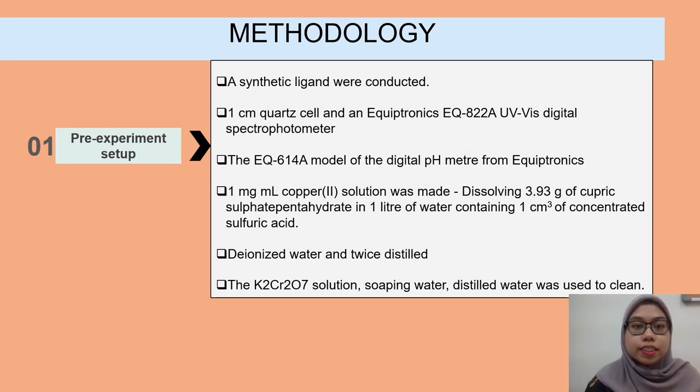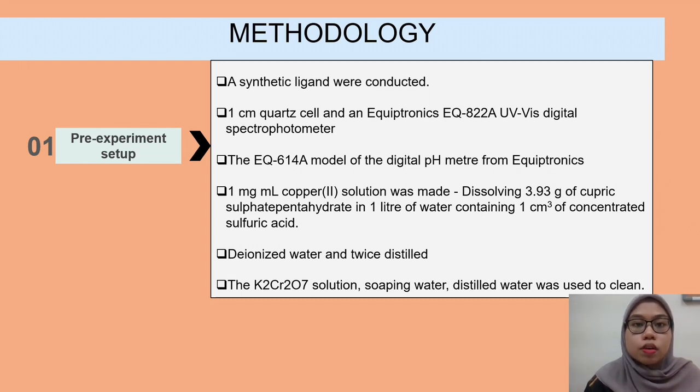For the pre-experiment setup, on a 400 MHz wavelength spectrometer, measurement of a synthetic ligand was conducted. We used a 1 cm quartz cell and Equiptronics EQ822A UV-VIS digital spectrometer to measure the absorption of the extractant ligand and its copper complex. The EQ614A model of the digital pH meter from Equiptronics was used to measure the pH levels.